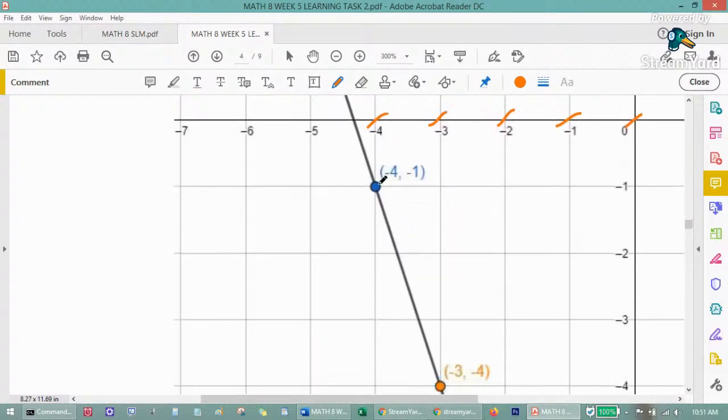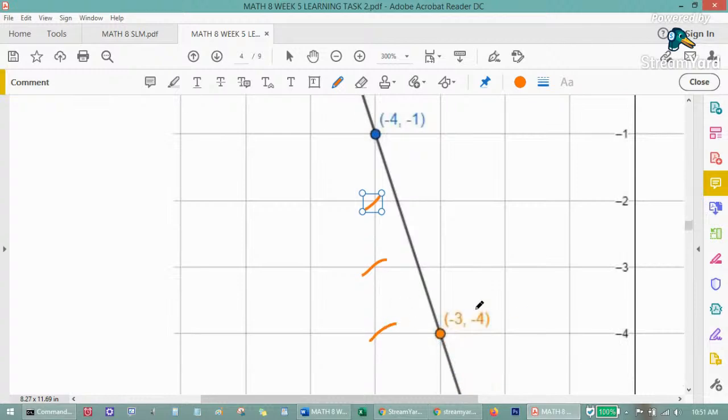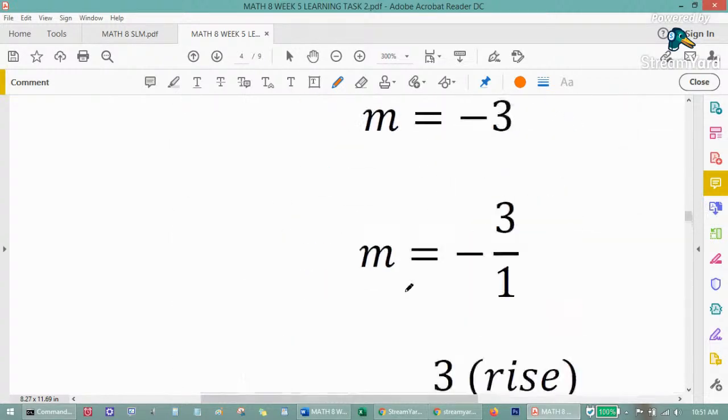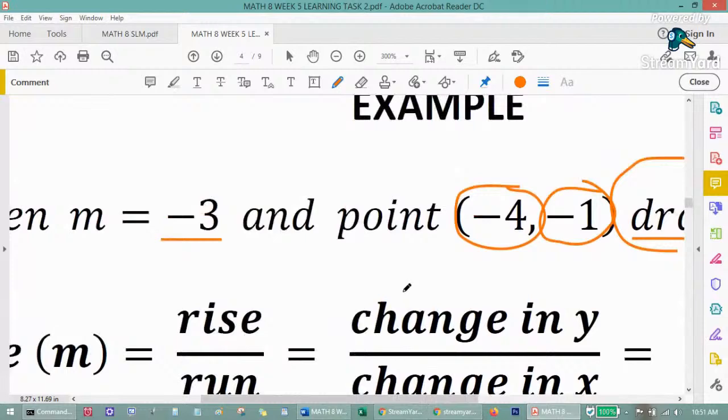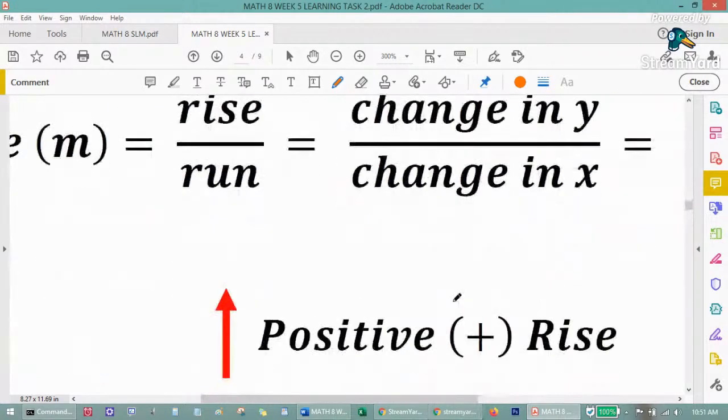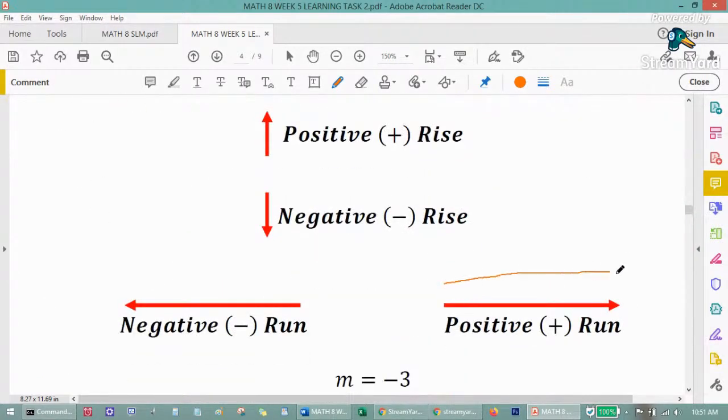So, bumaba tayo ng 1, 2, 3. Stop tayo doon. And then, yung run natin is positive 1. Kapag positive ang run, tumatakbo sa kanan, sa right.